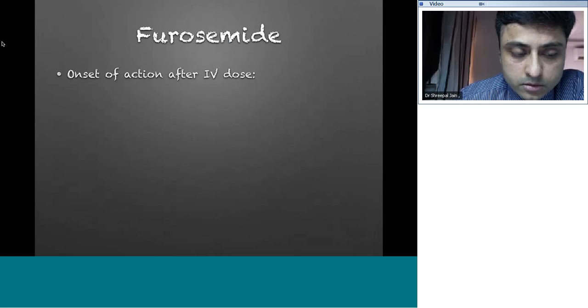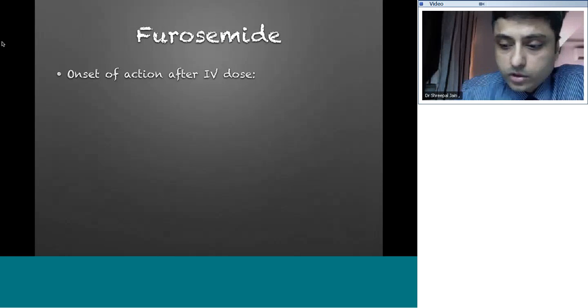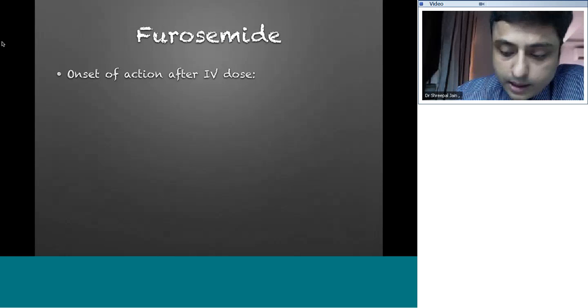Or is it through the lumen of the loop of Henle? Excellent. So furosemide itself gets filtered, and the mechanism of action is intraluminal.